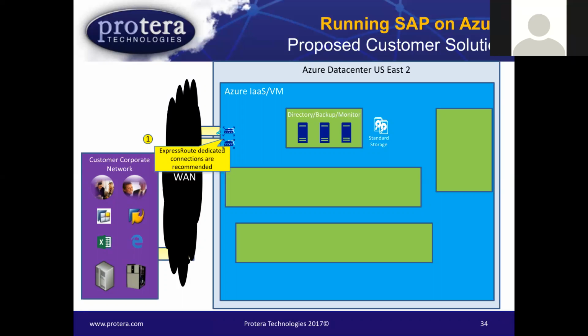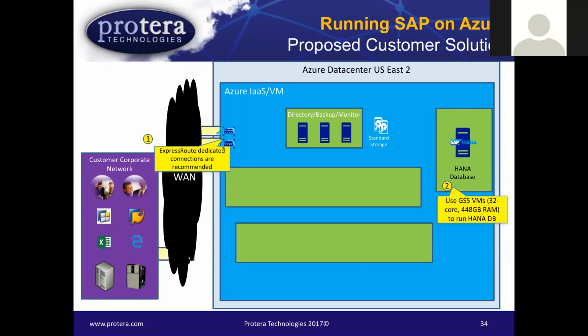Yet for customers that are just dipping their toe in the Azure cloud, they don't need to have that day one. We can just do a VPN. So we're going to need some help from the customer networking team to set up a VPN. And from the standpoint of Azure, there's no cost associated with that internet connection. So it's a very low cost, very quick way that we can connect on-premise systems to the cloud here. So that's the first step.